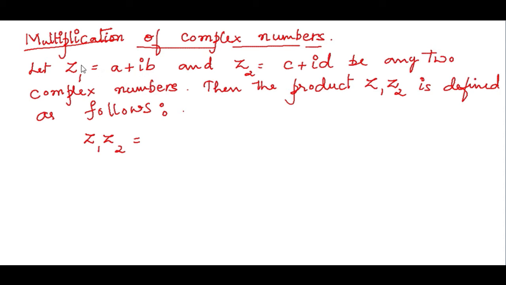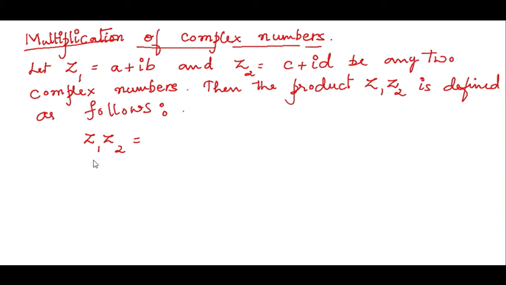We know that the standard form of a complex number is A plus iB, and the second one is C plus iD, because the real part and the imaginary part will be different if you are taking two different complex numbers. So I have represented Z1 as A plus iB and Z2 as C plus iD. These two are complex numbers. Then the product Z1 Z2 is defined as follows.